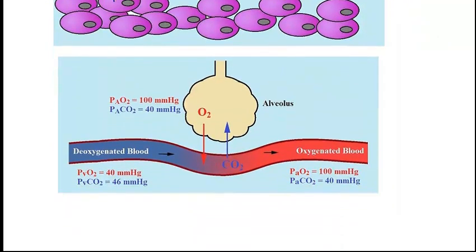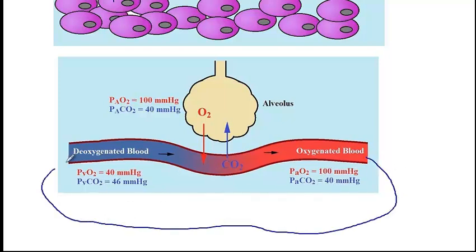Same happens in the lungs, where the venous blood contains about 40 millimeters of mercury of oxygen and 46 millimeters of mercury of CO2. Once it exchanges gas with our alveoli, the oxygen content rises to 100 millimeters of mercury and the CO2 drops to 40.